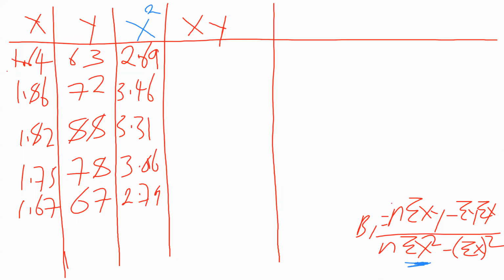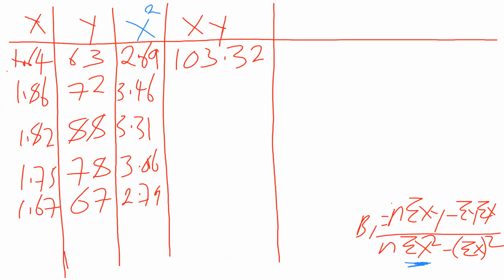And what do you get? 1.64 times 63 is 103.32. Are you finding the same? Yes, I am.